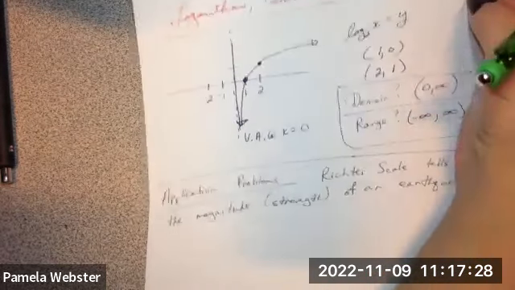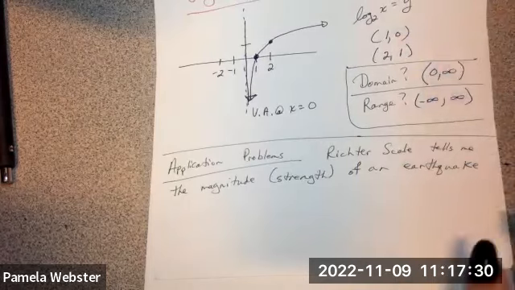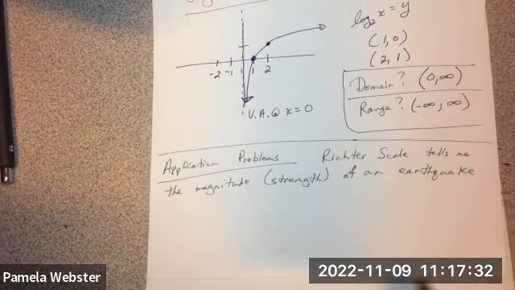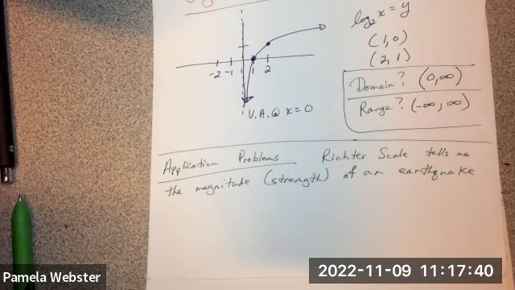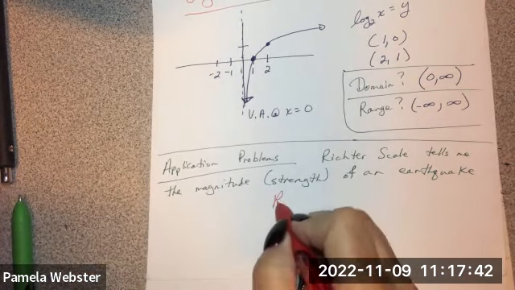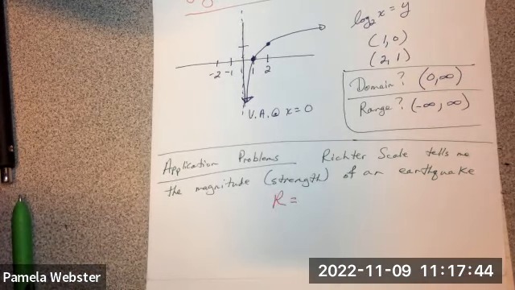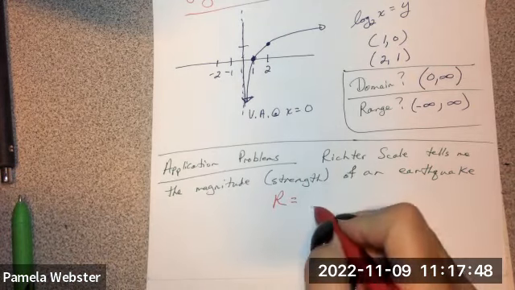So basically, this is a device that measures how much the Earth is moving whenever we have these things. And there's a formula for it, and that formula is given with logarithms in it. So it's R equals, and you will not have to memorize this. If you need to use it, it'll be on a test somewhere.